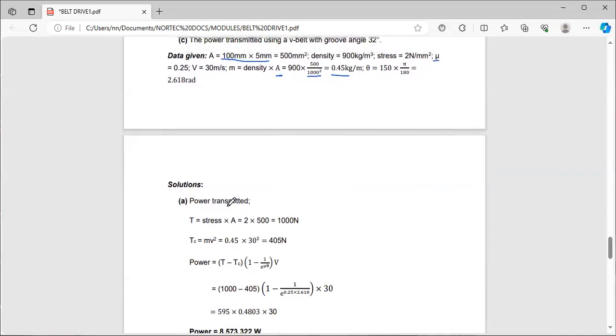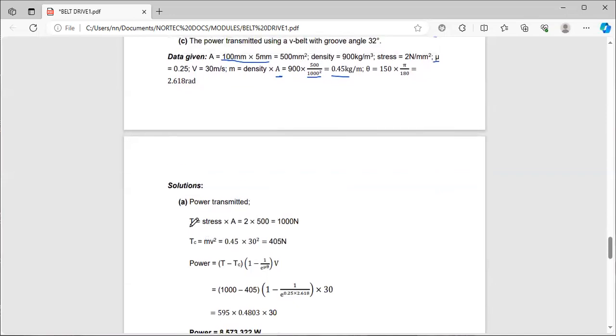So first we need T, the maximum possible tension. So T is stress multiplied by area. The stress is 2 newtons per square millimeter multiplied by the actual area, which is 500 square millimeters. The two are speaking the same language, no need to worry about the units. So 2 by 500 gives us the 1000.